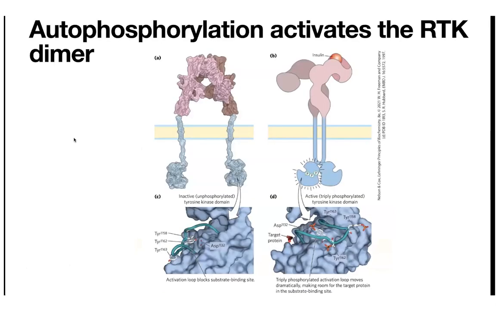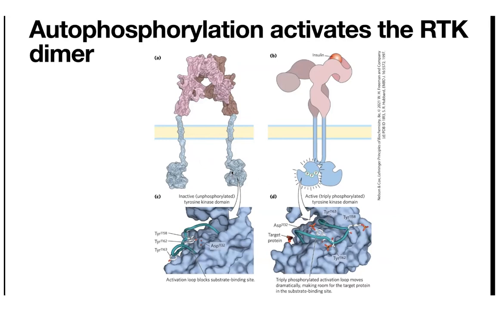How do you actually activate these? In the case of the insulin receptor, you have this dimer. Remember, it's this constitutive dimer, but it has inactive kinase domains. These tyrosine kinase domains are capable of phosphorylating tyrosines, including tyrosines on themselves or on the other monomer, the other copy of itself.